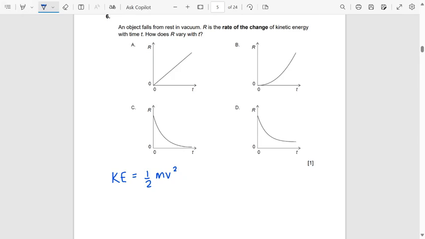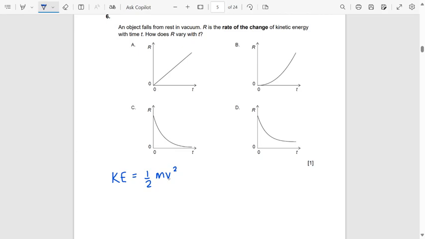Now, we don't know the value of v, but what we're trying to do is get in an acceleration here, because we've got a change of kinetic energy which suggests that the velocity or the speed is changing.